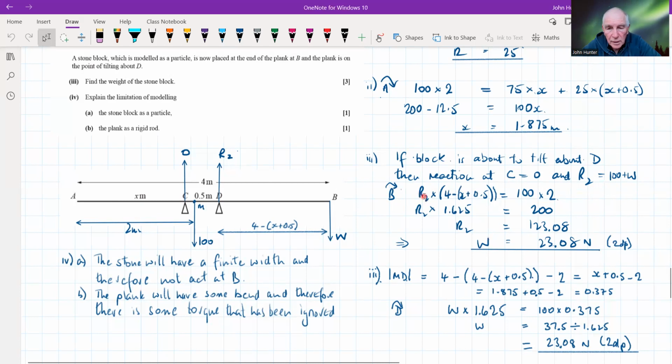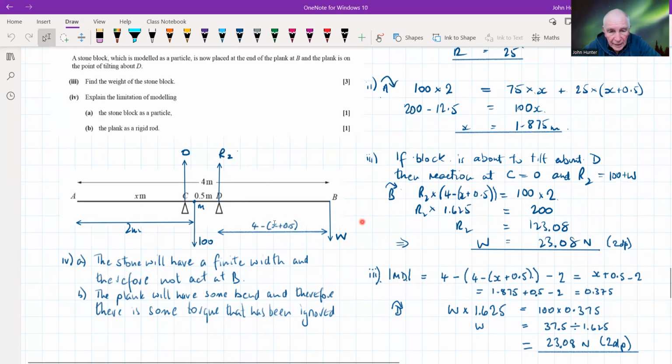So we've got, taking moments about B, clockwise, we've got R2, and this length here, we know X, of course, is going to be given by this. I'll not go through the details of that, but you should be able to work that through for yourself.